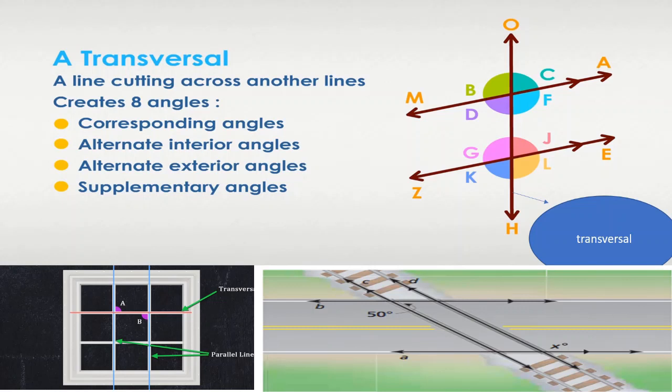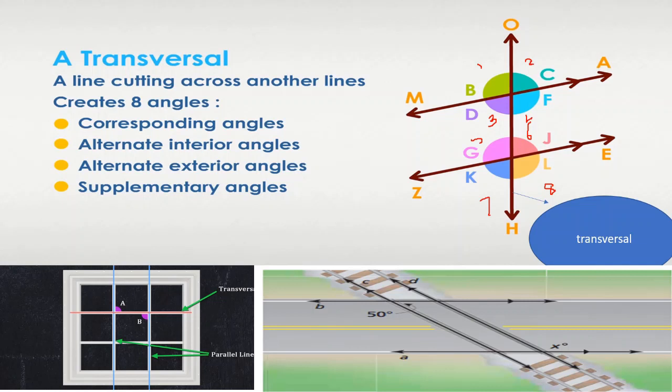When a line cuts two lines, wherever it intersects, four angles are formed over here and four angles are formed over here. Among these four angles, we call the angle above the line angle 1. Let us name these angles as angle 2, angle 3, angle 4, angle 5, angle 6, angle 7 and angle 8.